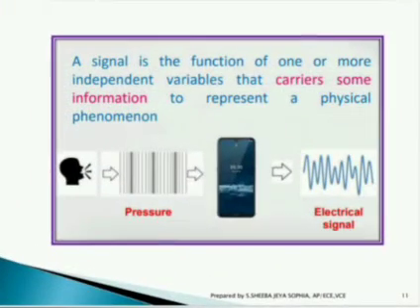A signal is a function of one or more independent variables that carries some information to represent a physical phenomenon, which is represented when we are talking on a mobile phone. You can take a real-time implementation of a mobile phone. When we are talking on the mobile phone, the signal will be taken as the input and it is processed in the phone, and an output signal is also produced, which is received at the receiver end.